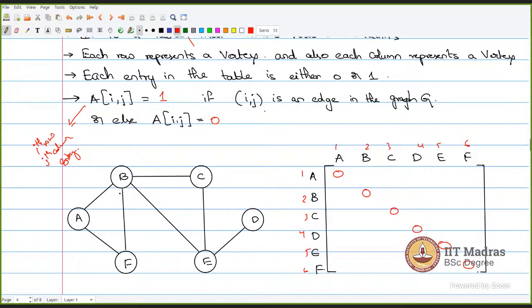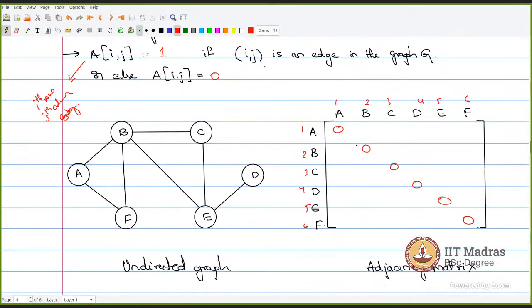Now from looking at the graph, we fill this table. Let us start from the first row itself. First row corresponds to edges from A. Is there an edge from A to B? Yes. So I will give my entry to be 1. If there is an edge, I will give my entry value 1.